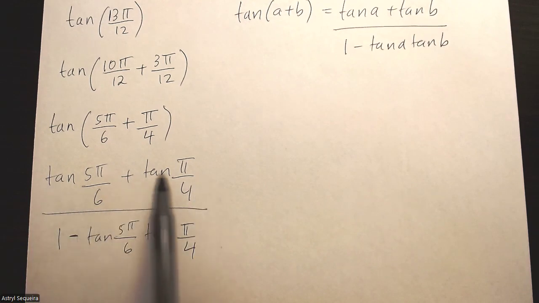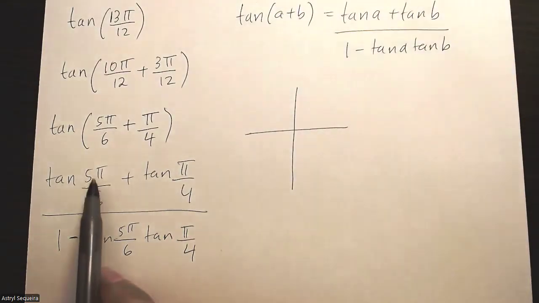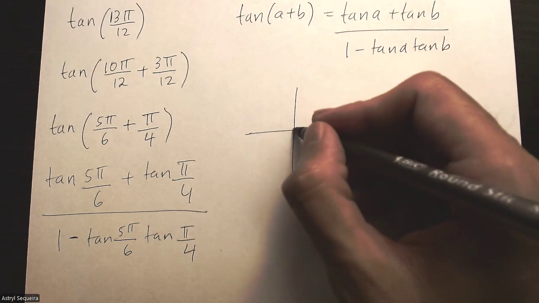To find the exact values of tan 5 pi over 6 and tan pi over 4, I'm just going to use my special triangles. 5 pi over 6 is in the second quadrant.